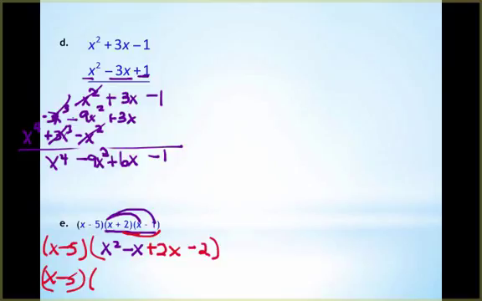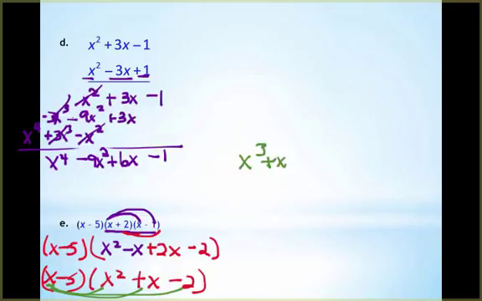And now inside this second set of parentheses, I can combine and get x squared plus x minus 2. Now I'm going to do distributive property again by taking x times all three terms in the trinomial. So x times x squared would be x cubed. X times x would be plus x squared.